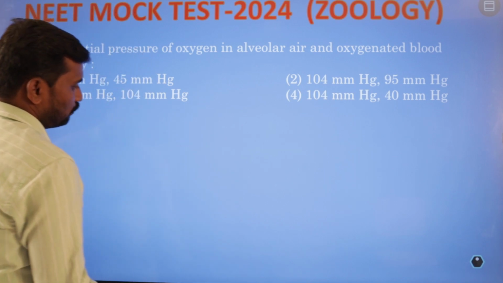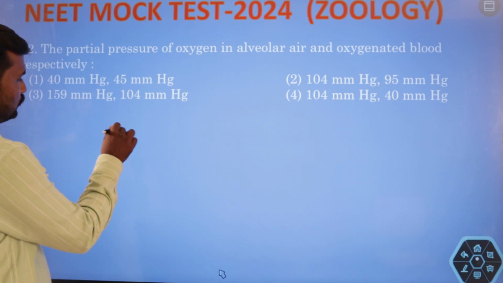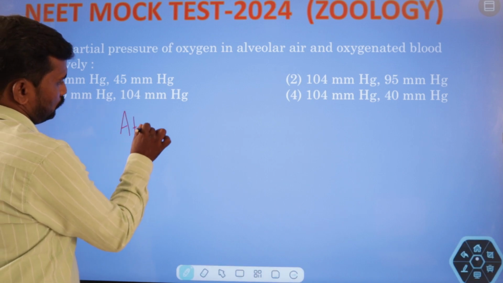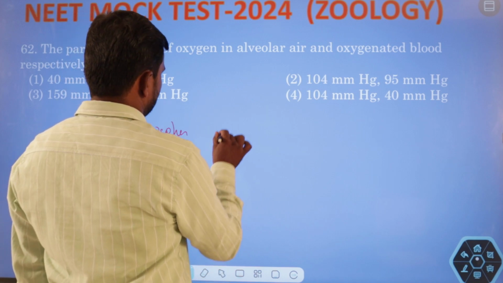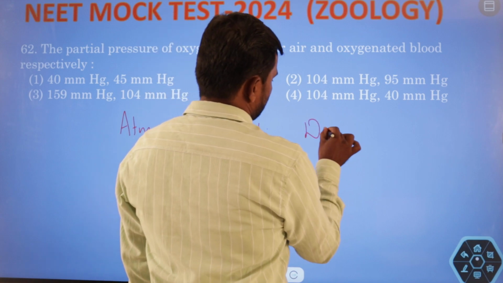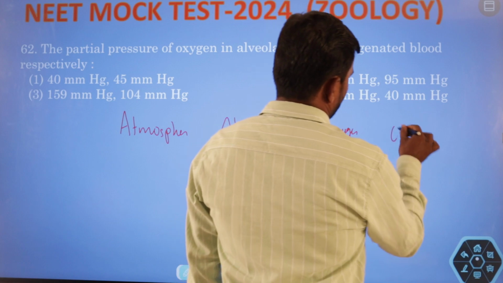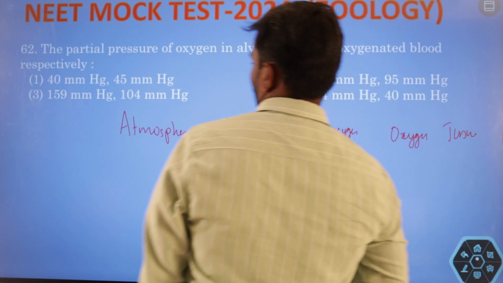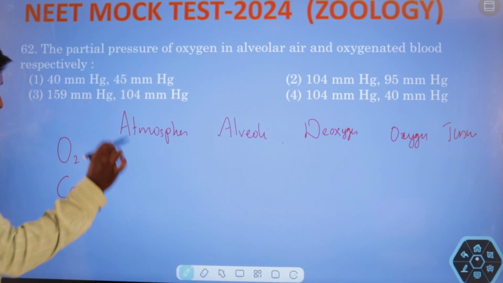We must remember the tabular column. Otherwise, it's a little bit complicated. First we need to write atmospheric gas. Second, alveoli. Then deoxygenated blood. Then oxygenated blood. Then tissue. First we need to remember oxygen partial pressure, then CO2 partial pressure.